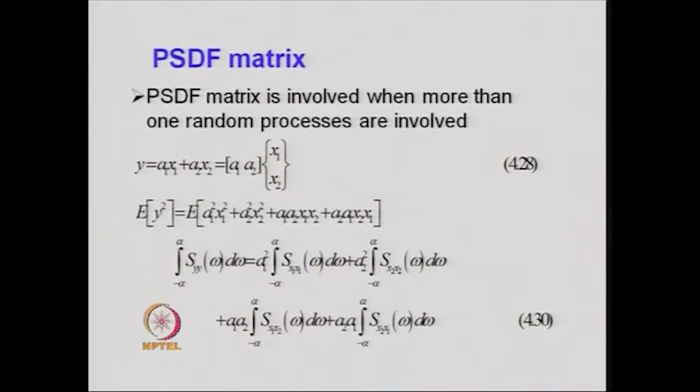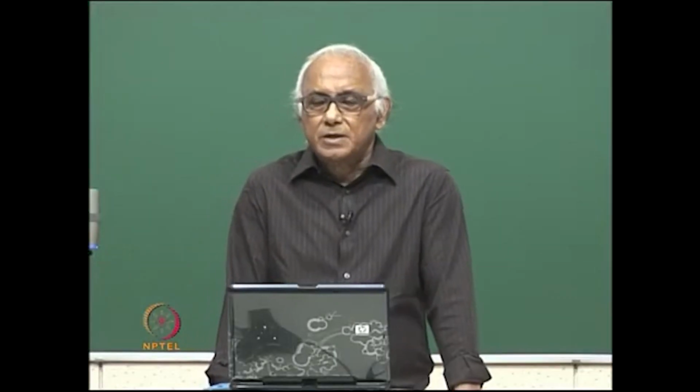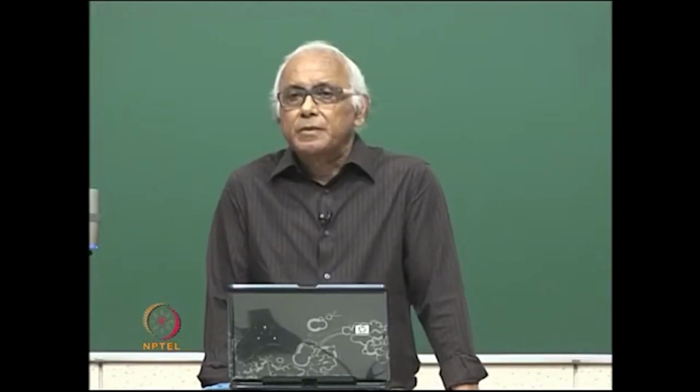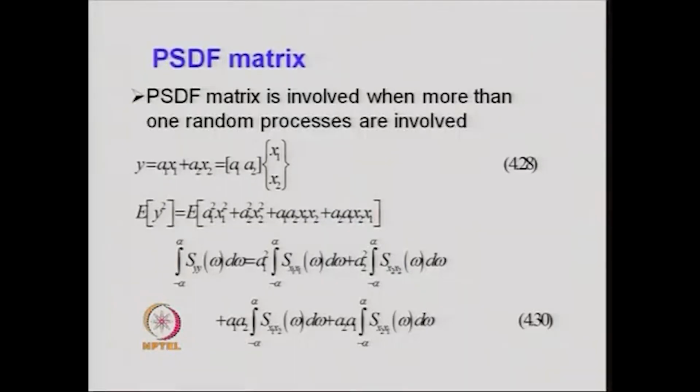Similarly, the expected value of A1 square x1 square can be written as A1 square times the integral from minus infinity to plus infinity of Sx1x1(omega) d omega, and that way you can write down all the terms within the expectation in the above equation as shown in equation 4.30.